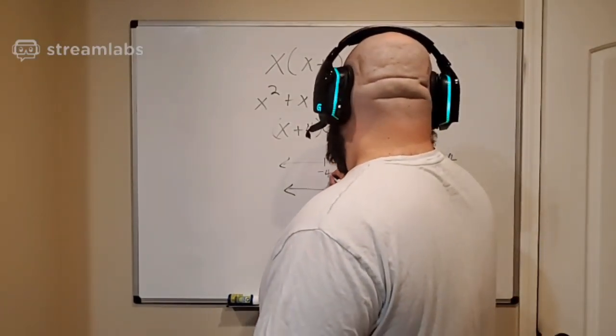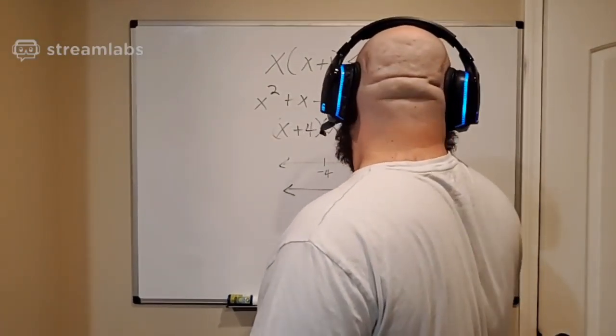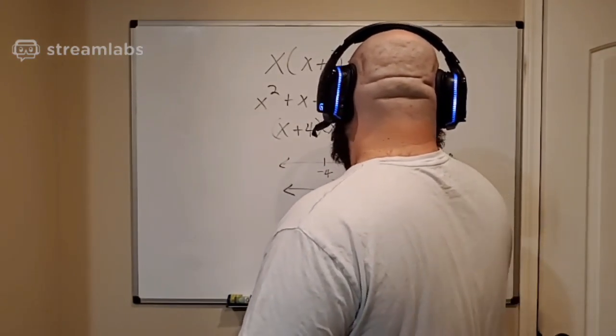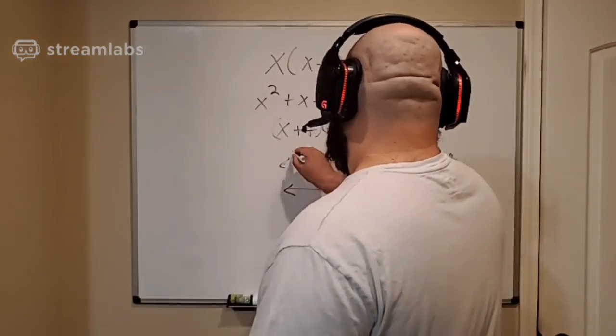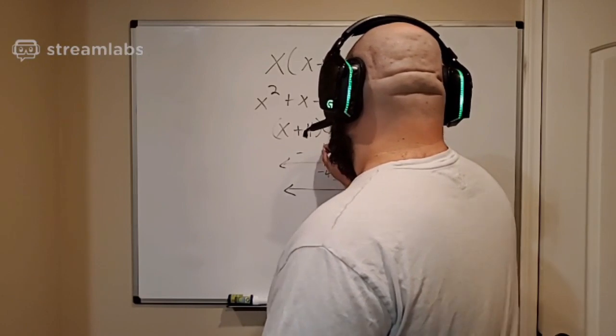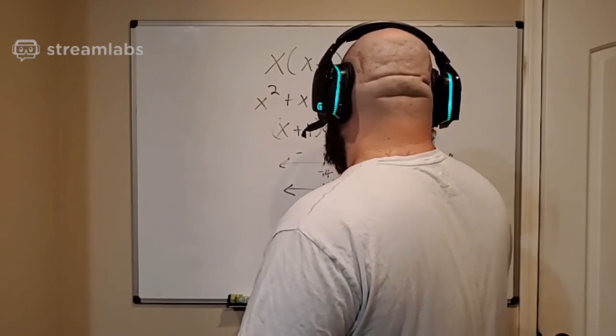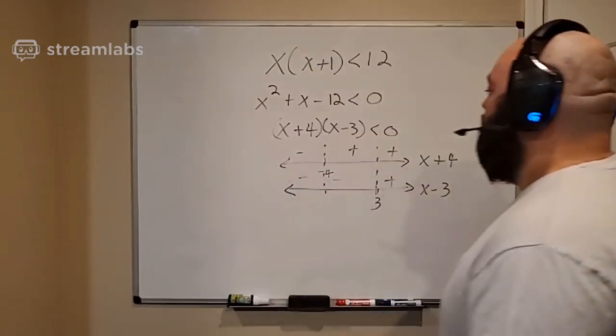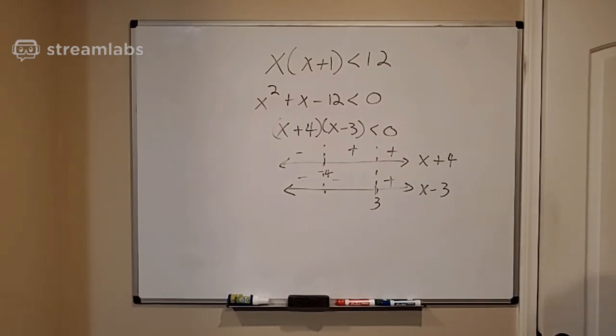It'll be negative, positive, negative, positive. Since we are multiplying them, and we want the outcome to be less than 0, what do we know about both quantities?